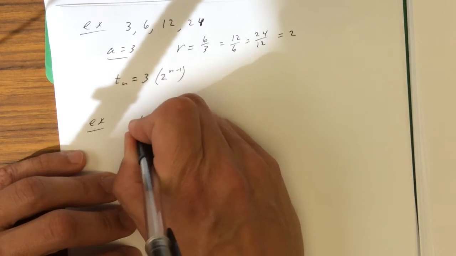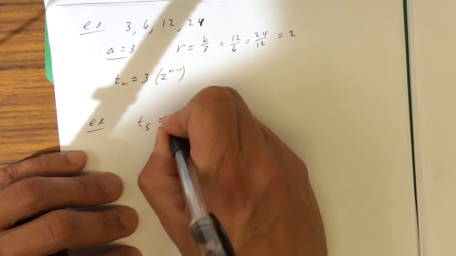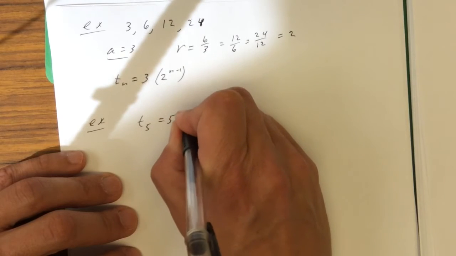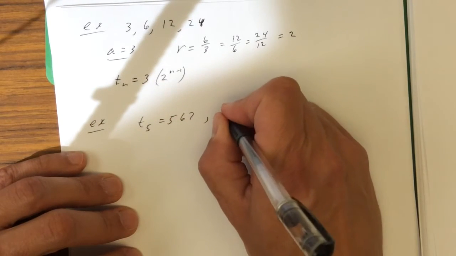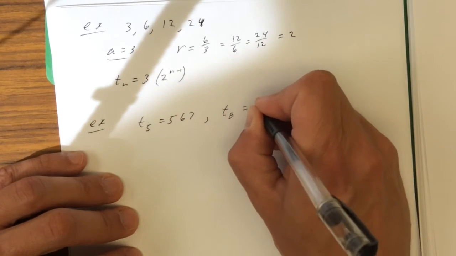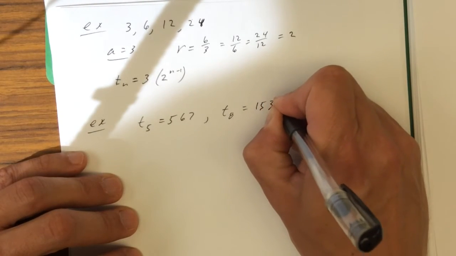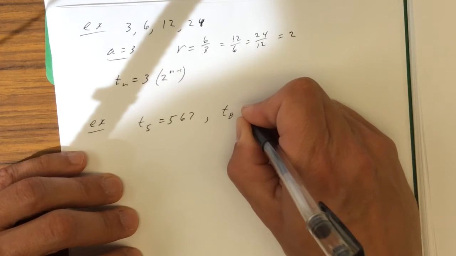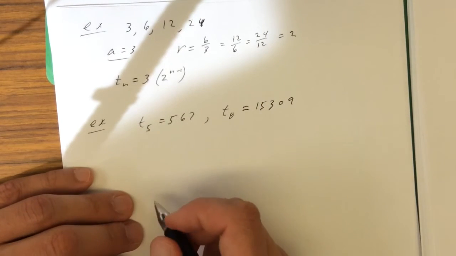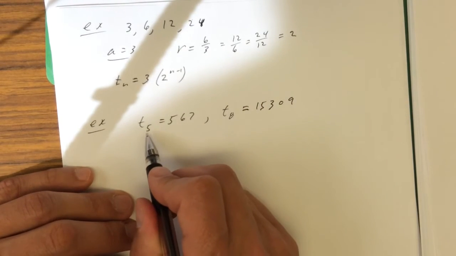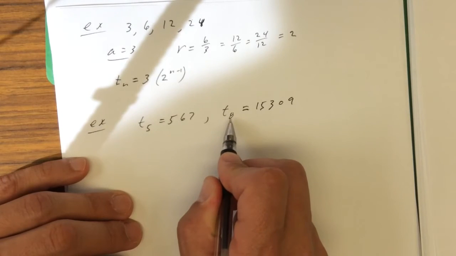Okay, so say you're given T5 equals 567 and T8 equals 15,309. Well, in this case, this is 3 jumps from T5 to T8.